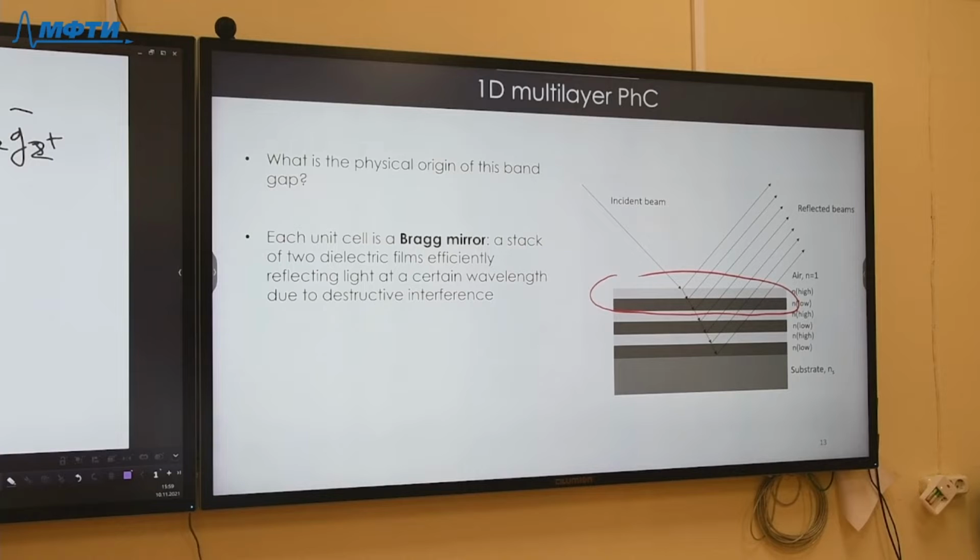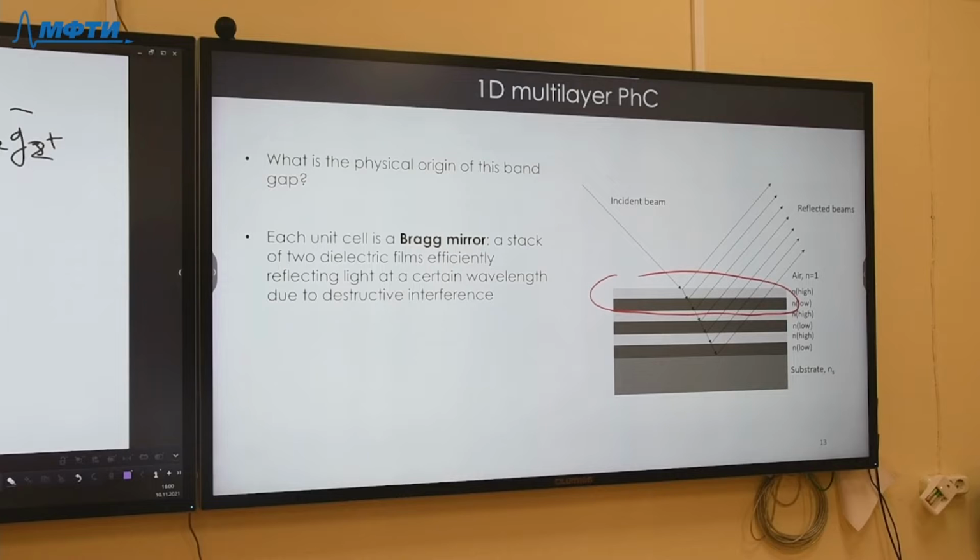And when we stack a few Bragg mirrors on top of each other, 5, 10, that completely suppresses transmission, and so light just reflects from the stack, and that means that light basically cannot propagate.